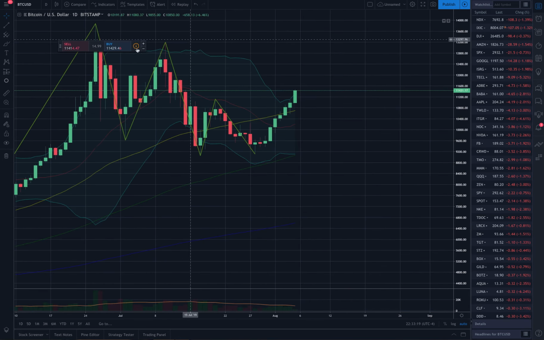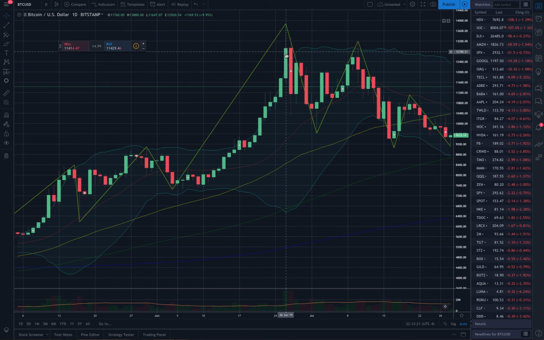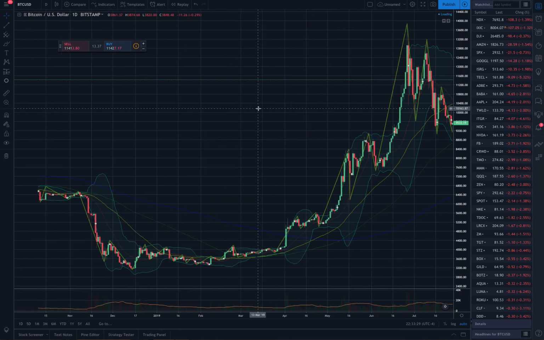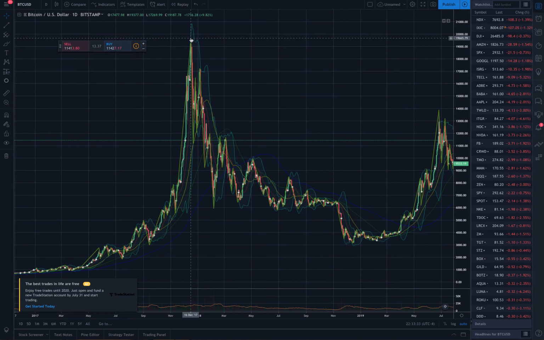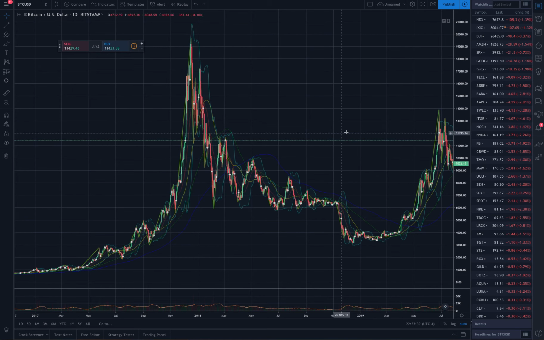If you see a long wick like this, for example, on this particular candle, this is June 26, 2019. See this really long wick, which has actually established a lower high from the upper high from December 2017, where we basically just about touched $20,000.